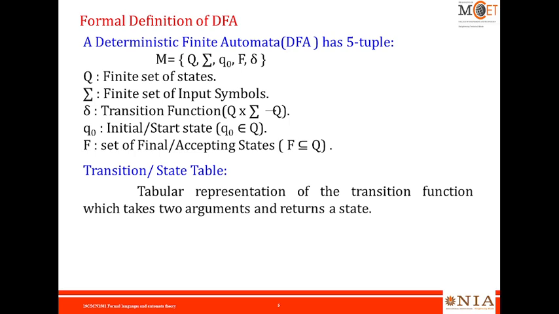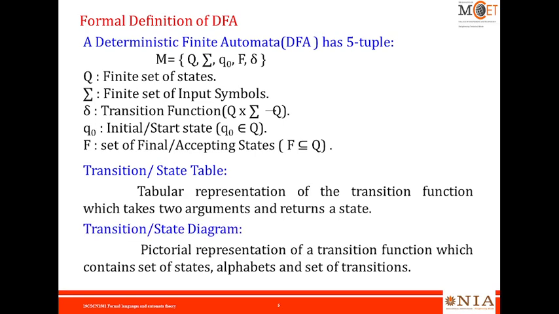Next one is the transition table and transition diagram. Here the transition table or state table is a tabular representation of the transition function. It has two arguments, one is state and another one is input.